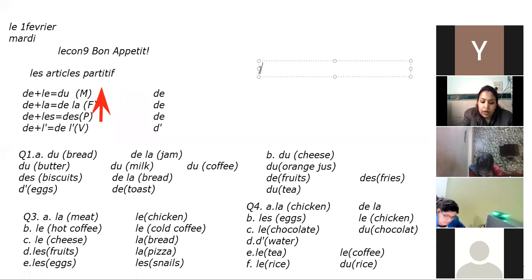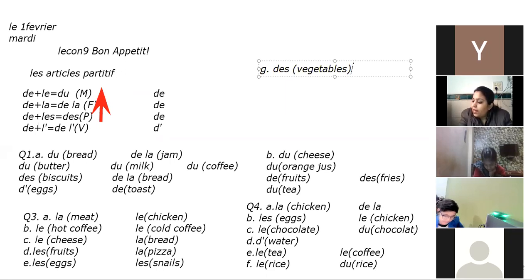D and H parts I'm writing here above. Non, elle ne prend pas de légumes. Des légumes means vegetables. She is not taking vegetables. You cannot say that she is not taking 1 kg of vegetables. She is not taking vegetables, that's it.